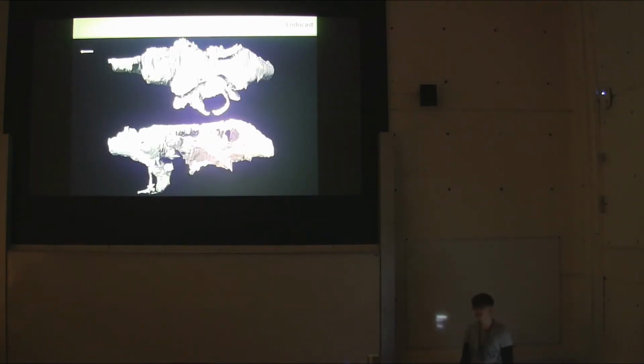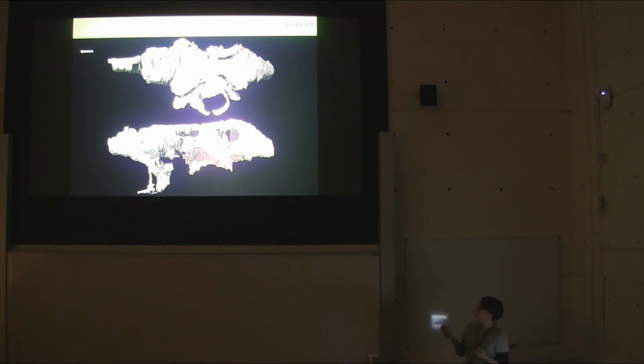We can also have a look at the endocast. So for those of you who don't know, the endocast is an infilling of the internal brain case cavity. So it's a space that would have housed the brain, the sensory organs, and kind of the fluid surrounding the brain. And in early actinopts, the endocast and the brain are a very good fit. So we can use the endocast to look at brain evolution in these animals.